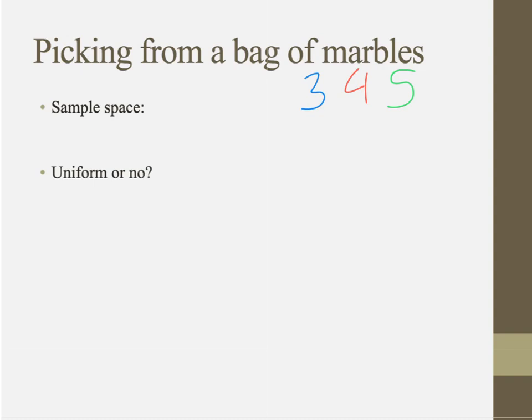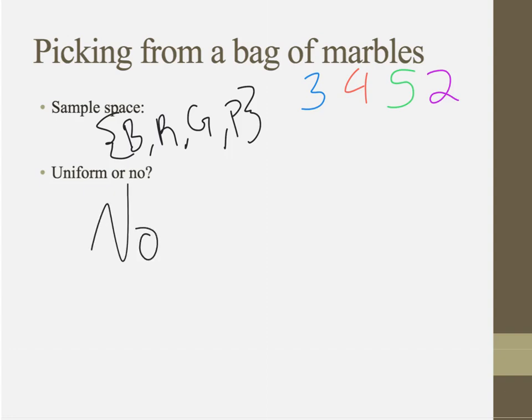Well, my sample space would be blue, red, green, and purple. Is that uniform? Well, if that's what I have in the bag of marbles, then no, it's not uniform. They'd have to all be 1 marble apiece, or 3 marbles apiece, or 5 marbles apiece, whatever it might be. Okay, so that one, not uniform.